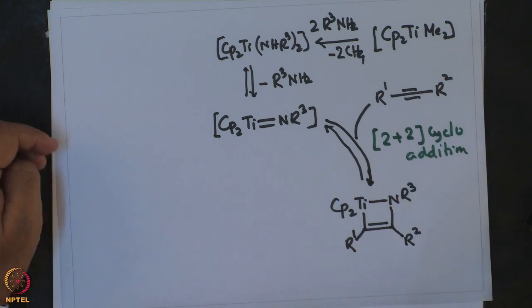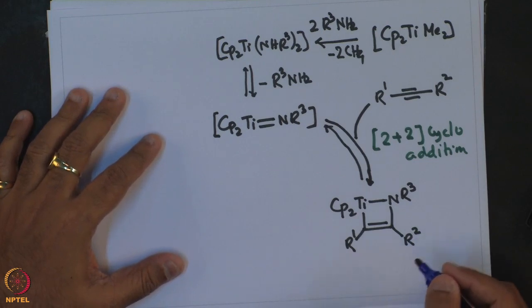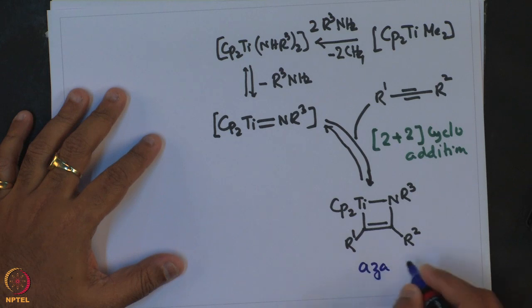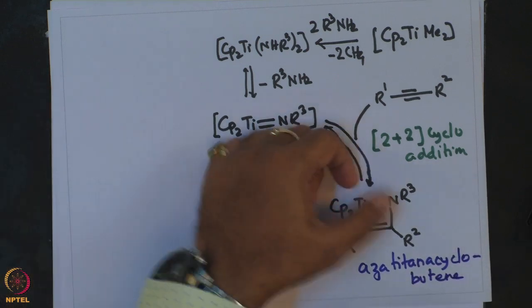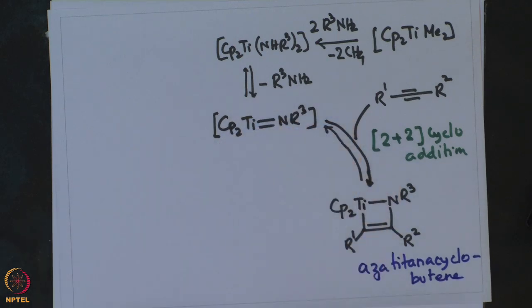So, this intermediate is popularly called as aza-titanocyclobutene. So, this is aza-titanocyclobutene.